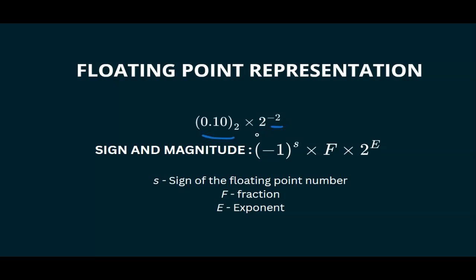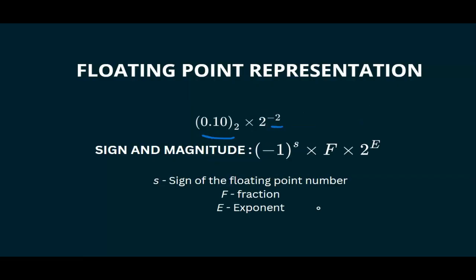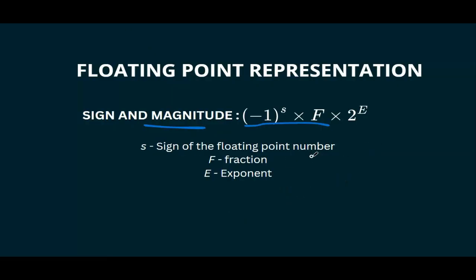Thus, a floating point number can be represented in its sign and magnitude form as shown here. That is, minus 1 raised to s multiplied by f into 2 raised to e, where s is the term for the sign of the floating point number, f the fractional part, and e the exponent or the power.